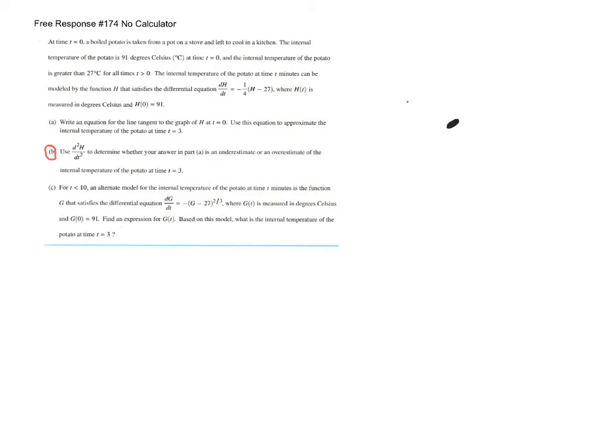All right, so it's an underestimate if the picture looks like this, where the tangent line comes through like this, and it's below the function. So the blue one is the actual function, and the black line is our tangent line. And so you can see when the function is concave up, then we are under the curve.